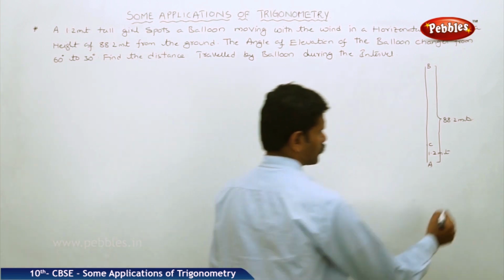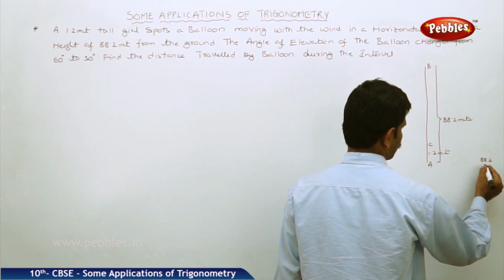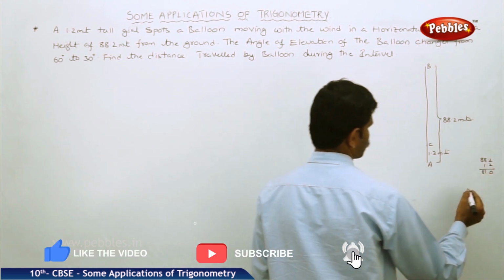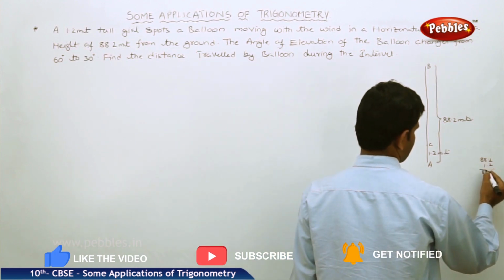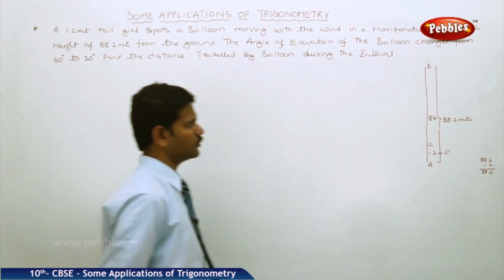Now 88.2 minus 1.2, that is 87, is the height of the balloon flying.